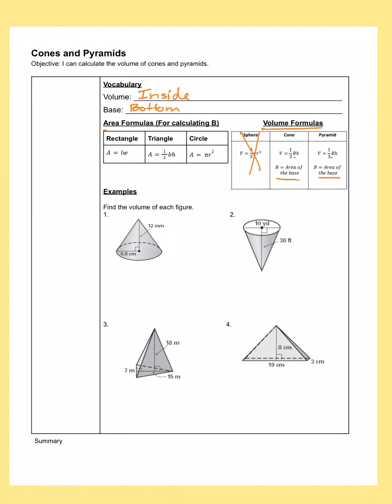So that is why we have these other formulas over here, area formulas for calculating capital B. So anytime you see capital B, that does not represent one single thing. It means you have to do some other calculations, find the area of that base using these formulas. If it's a rectangle, you have to find the area using that formula. If it's a triangle, or if it's a circle.